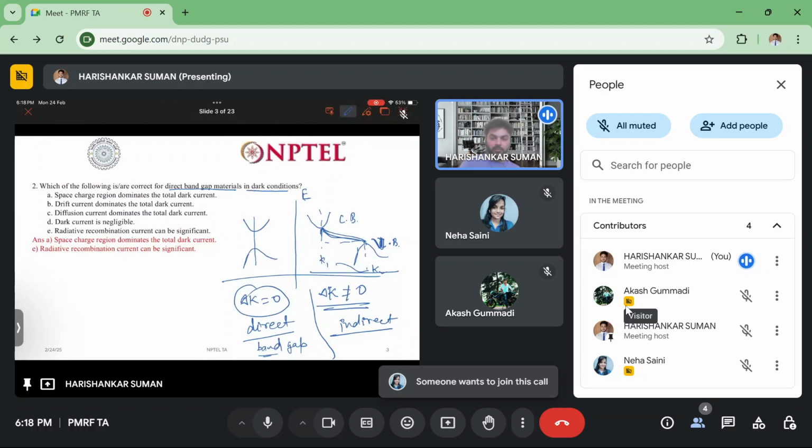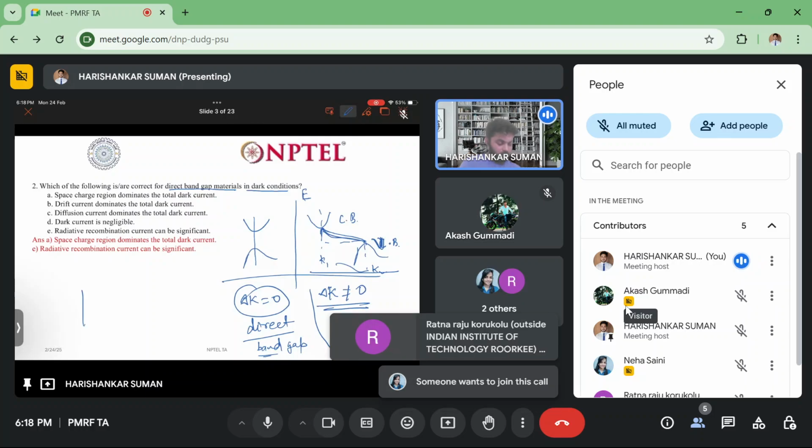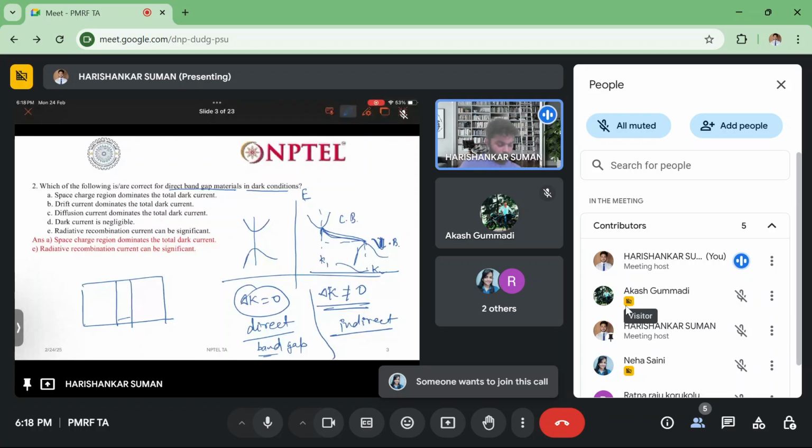Space charge region dominated the total current. Where is the space charge region? Here is the space charge region. This region is known as the depletion region or space charge region.